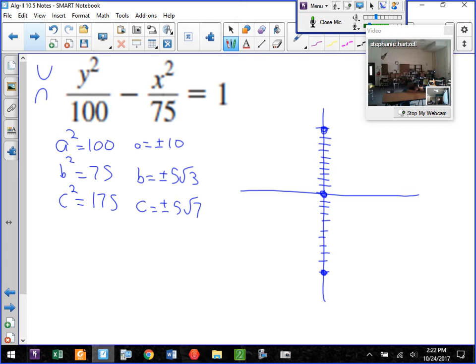The square root of 75 is larger than the square root of 64, but it's smaller than the square root of 81, so it's somewhere between 8 and 9. That gives me my co-vertex, if you will.